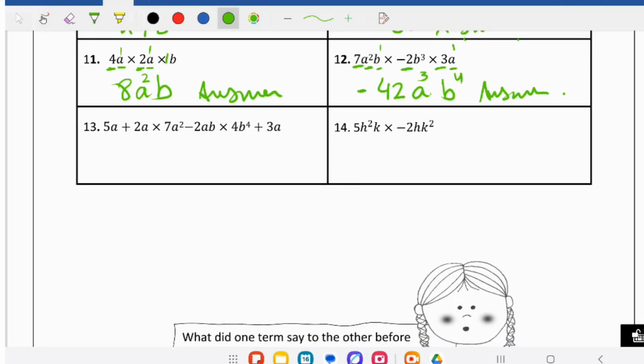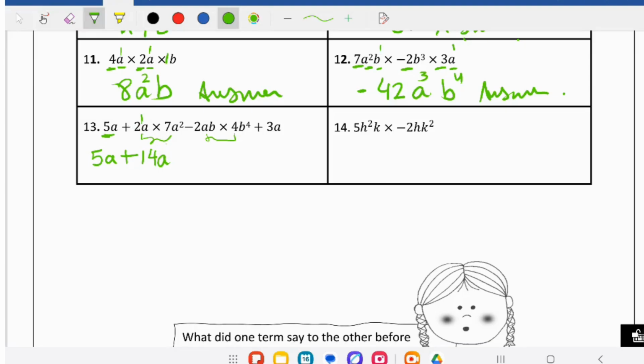This one is tricky. I can see that 5a plus 2a times 7a square. These two terms are multiplying. These two terms are multiplying again, and this is plus 3a. So I will simplify first by multiplying them. So plus 7 times 2 is 14. a to the power 1 and 2.